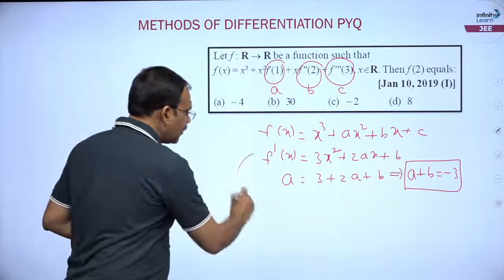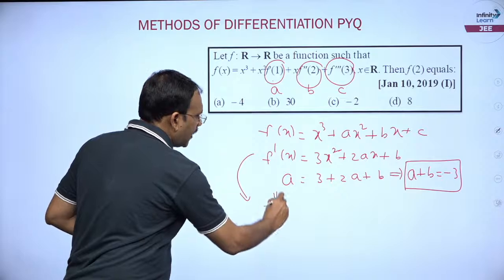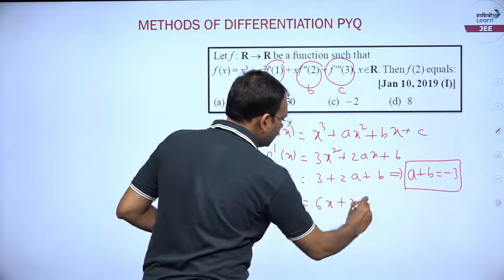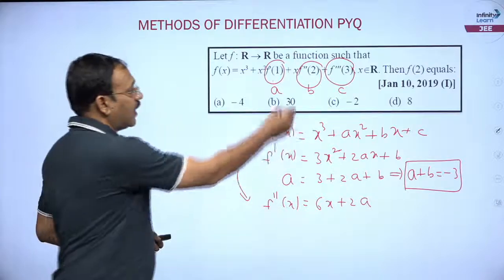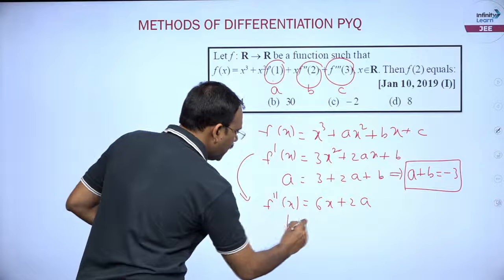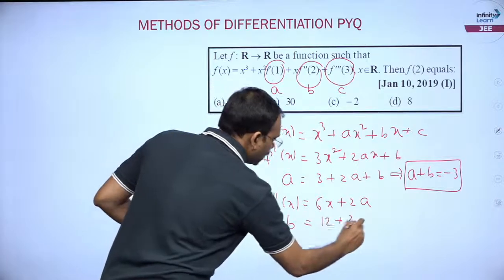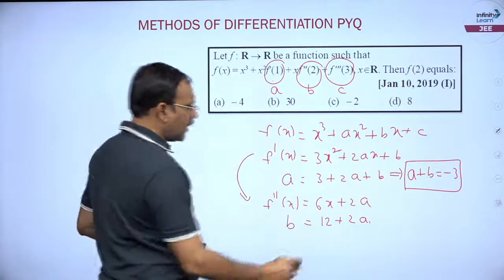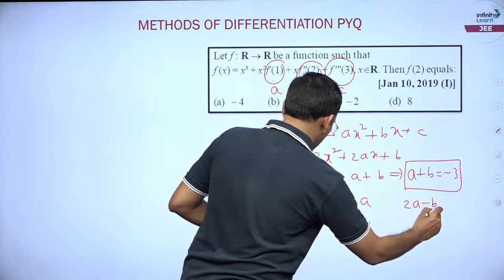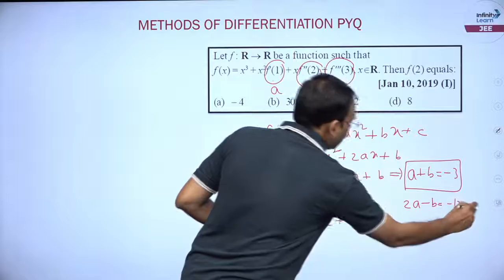Then again you take the derivative, f double dash of x is 6x plus 2a. I know that f double dash of 2 is b, put x is equal to 2, b is equal to 12 plus 2a. So, you can write 2a minus b is equal to minus 12.